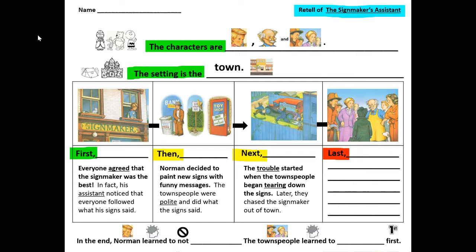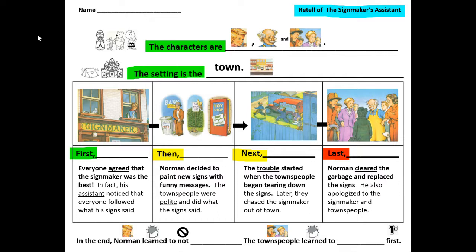Last, what did Norman do last? Well, Norman cleared the garbage and replaced the signs. He also apologized to the sign maker and townspeople.